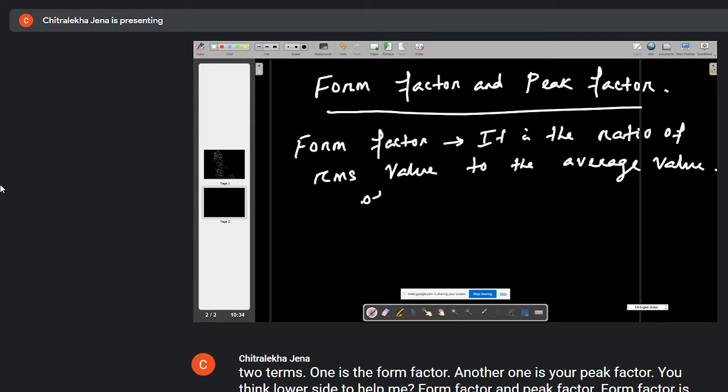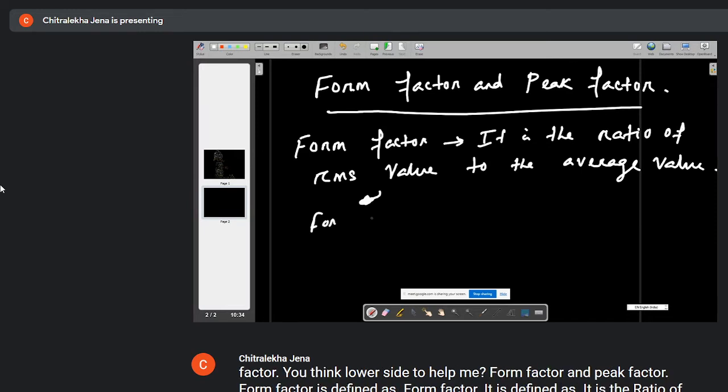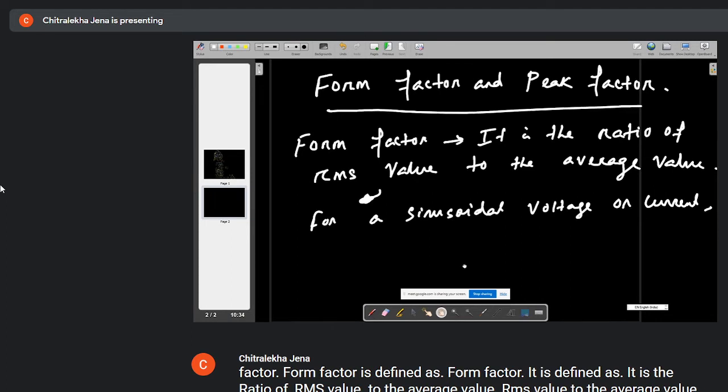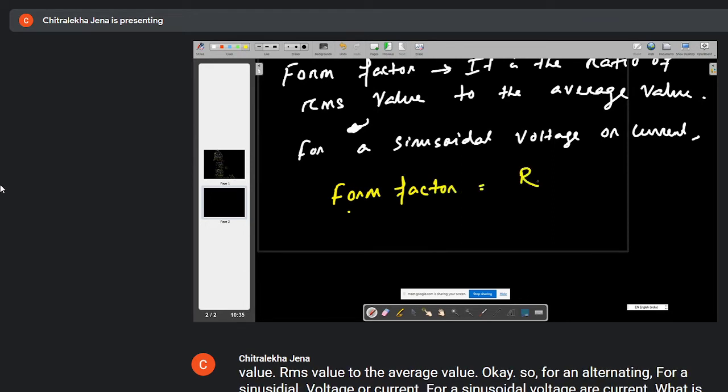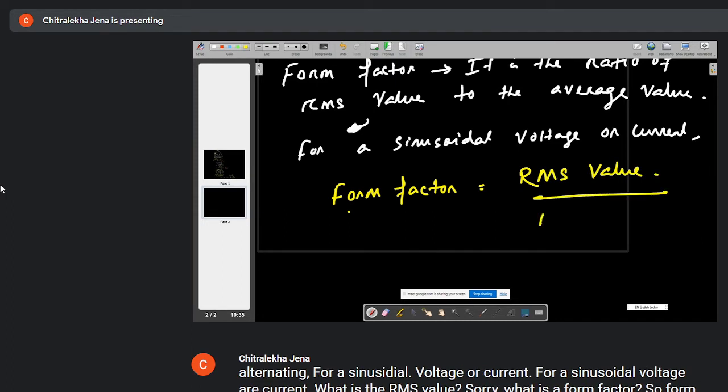Okay. So for a sinusoidal voltage or current, what is the form factor? Form factor is equal to RMS value divided by which value? Average value.